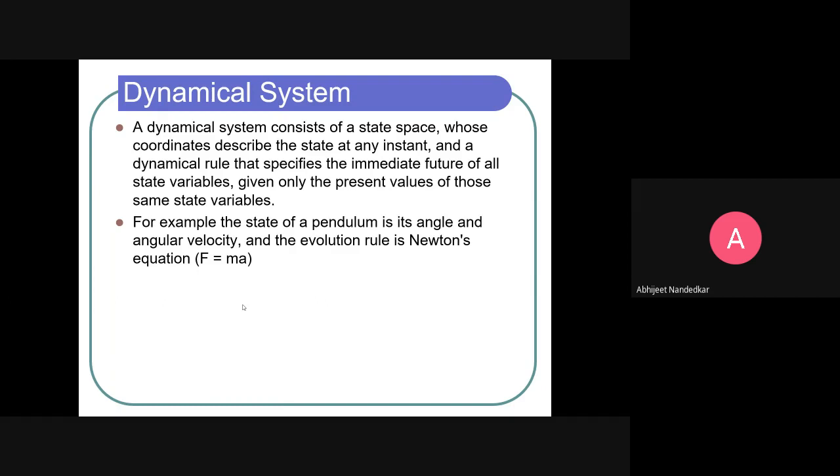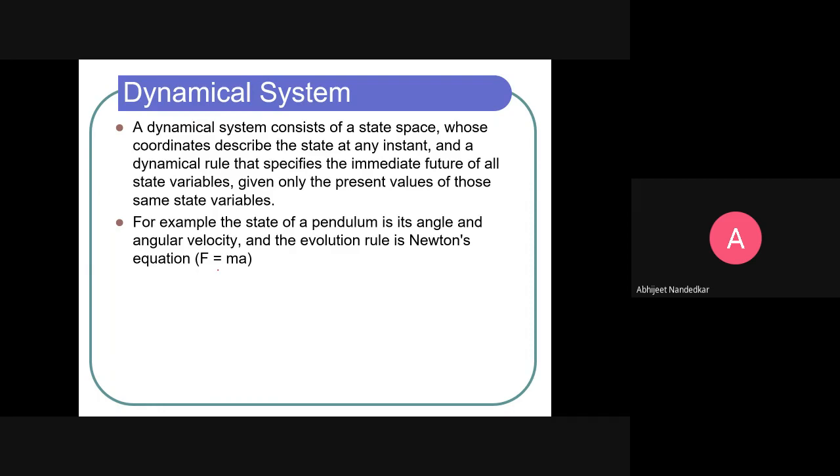So a dynamical system consists of a state space whose coordinates describe the state at any instant, and a dynamical rule that specifies the immediate future of all state variables, given only the present values of those state variables.